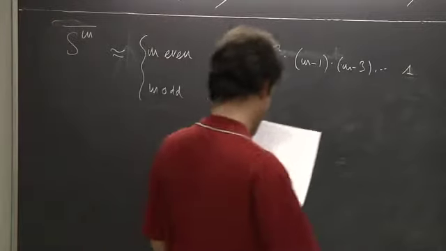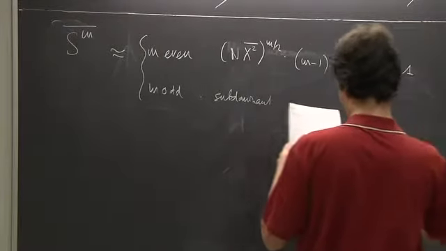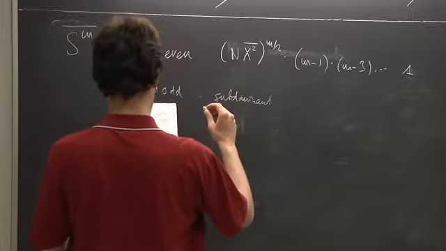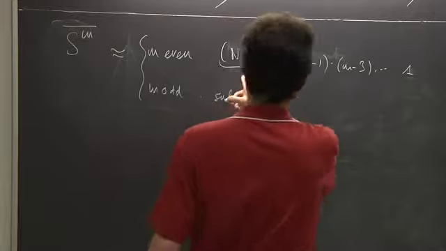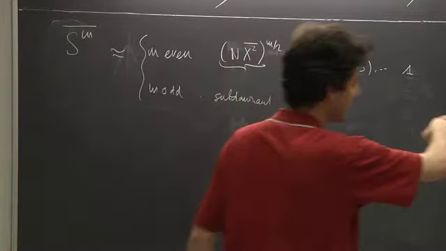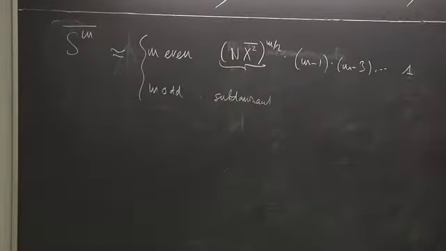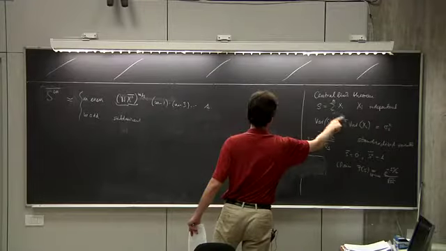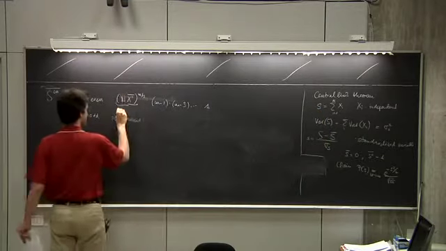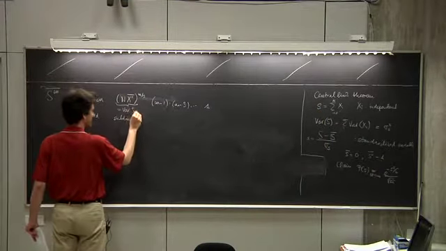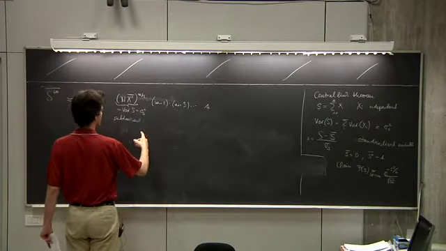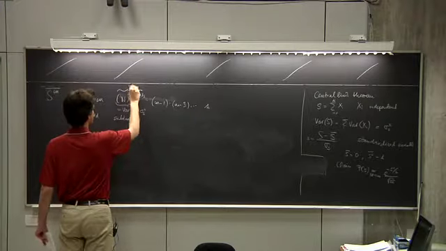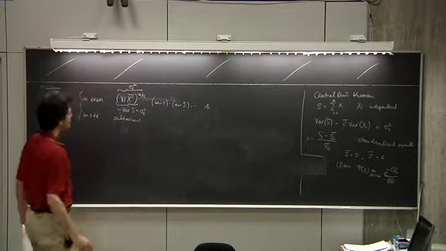Right. And I claimed that this you recognize very easily. We assumed actually equally distributed x. Then it's clear that this is just the variance of the whole sum, right? So this is equal to variance of S, or S squared. So the whole thing here is just sigma S to the m.